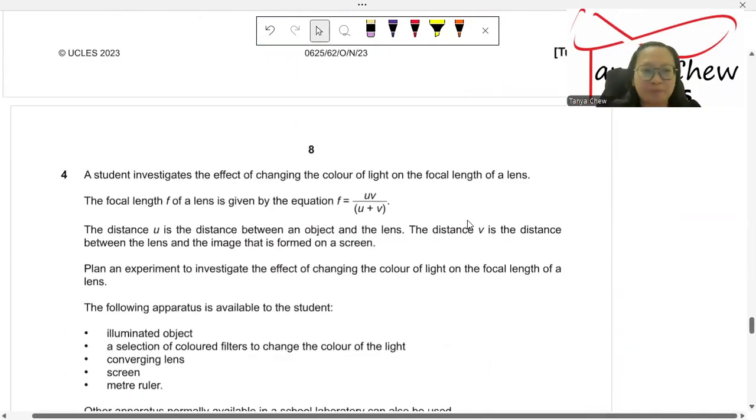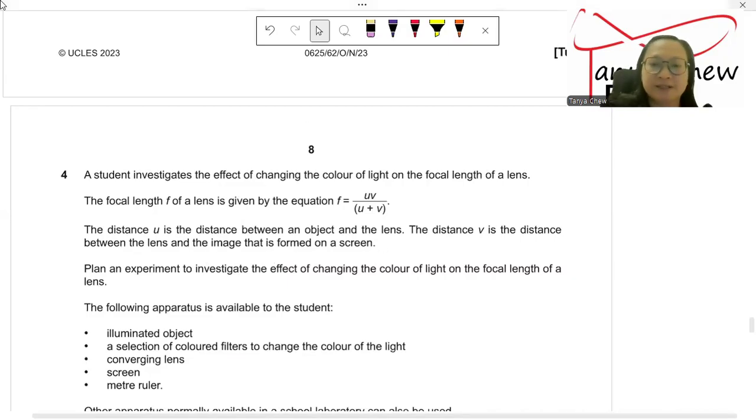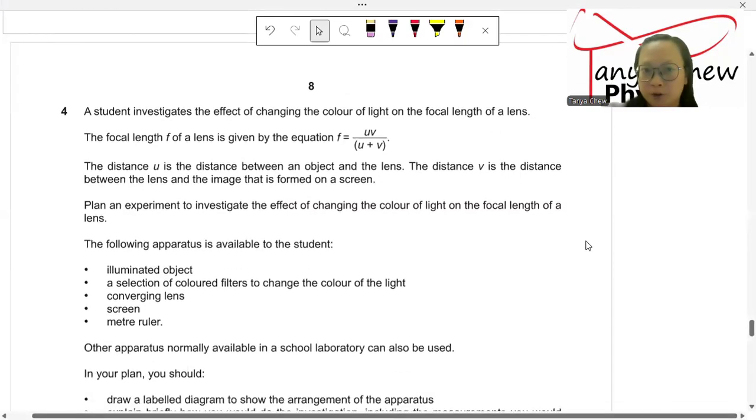Now, my favorite part, the last question here. Question number 4. A student investigates the effect of changing the color of light on the focal length of a lens. The focal length f of a lens is given by the equation f is equal to uv over u plus v. Distance u is the distance between an object and the lens. Distance v is the distance between the lens and the image that is formed on the screen.